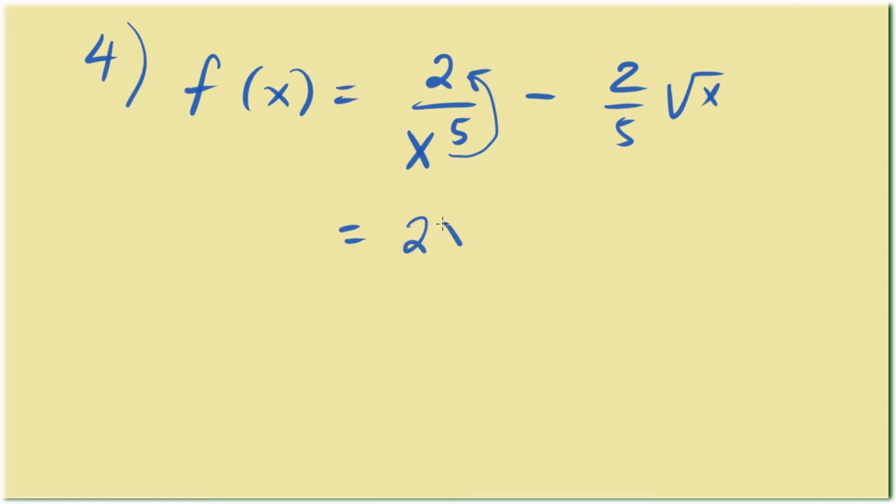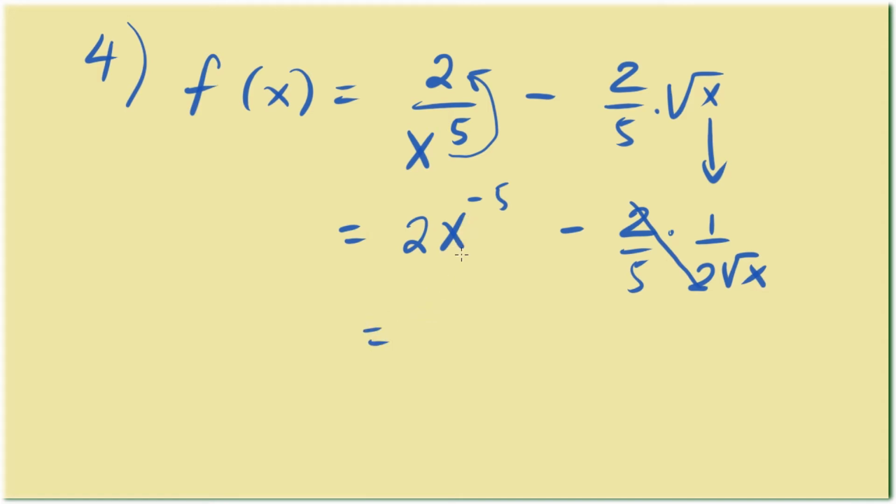So now we have 2x to the negative 5 minus 2 fifths times the derivative of your square root of x, which is 1 over 2 square root of x. Now you can cross these 2 out. Okay, hold on. Excuse me, I made a mistake here.